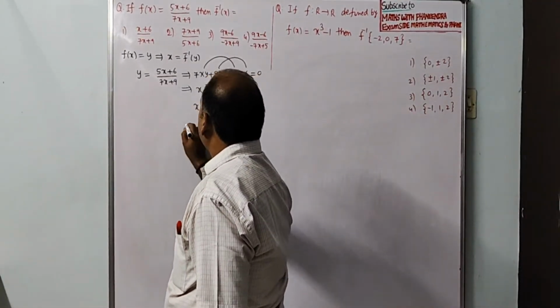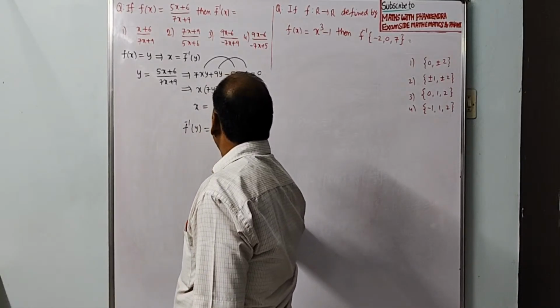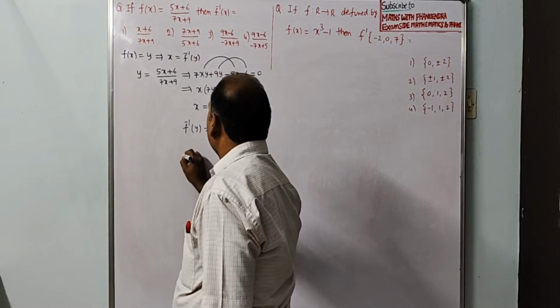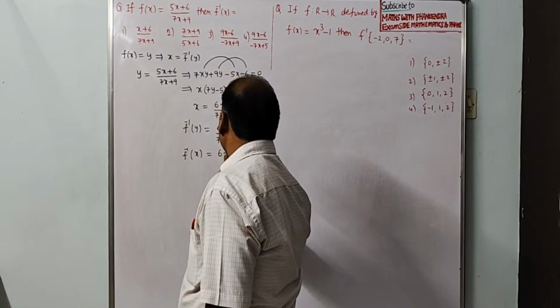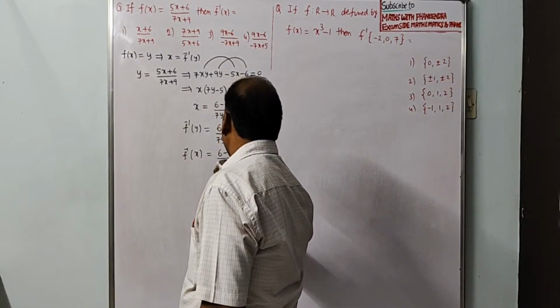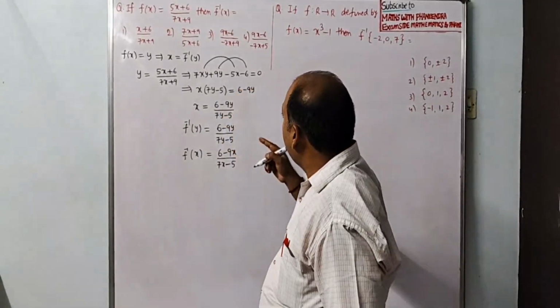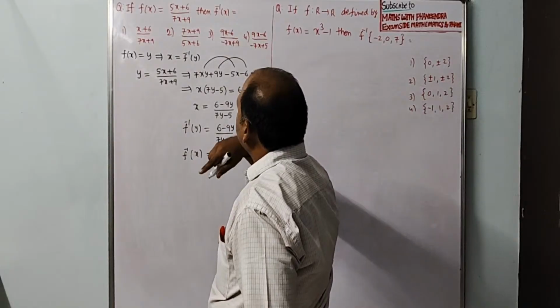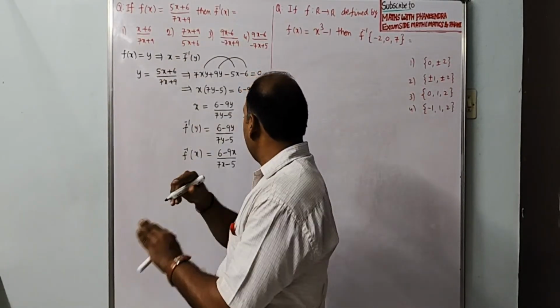x means f inverse of y only, no? f inverse of y is equal to 6 minus 9y divided by 7y minus 5. f inverse of x is equal to 6 minus 9x divided by 7x minus 5. But according to the options, minus 7x is there, 7x plus. So first two options are not at all correct.